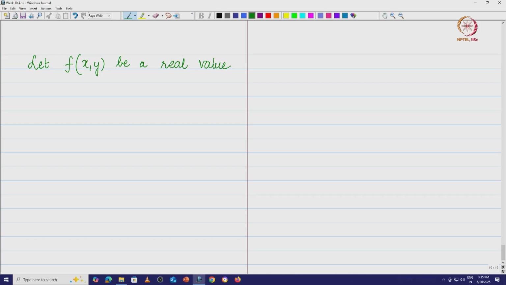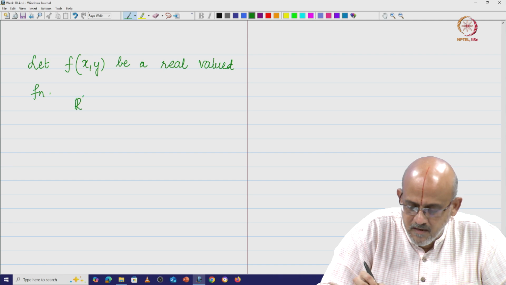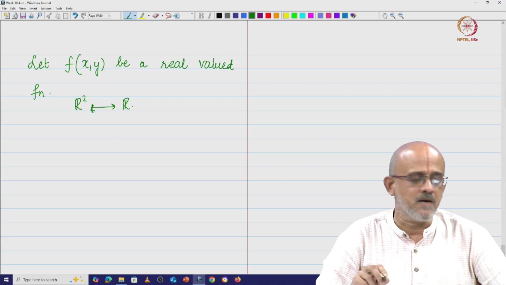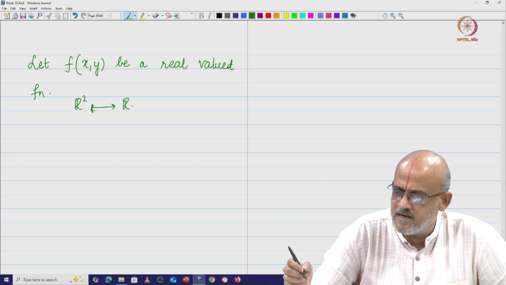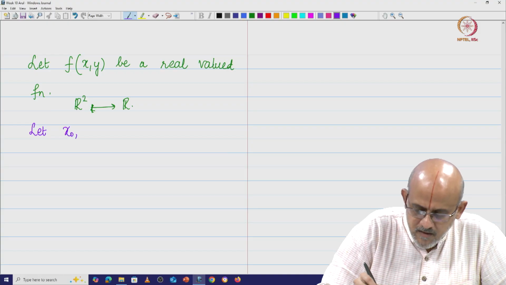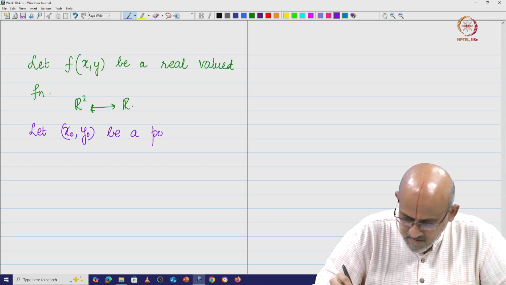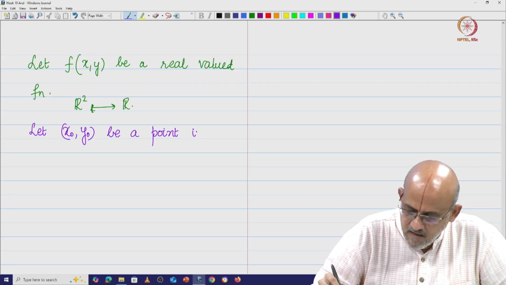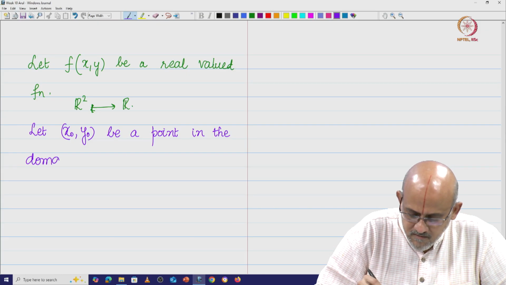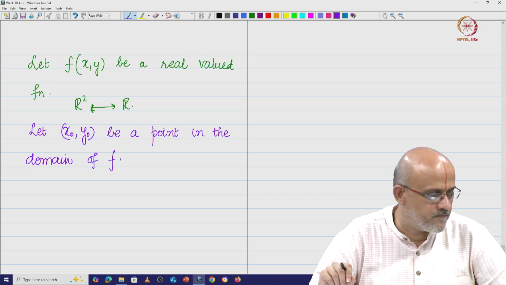Remember, this is basically what we said, this is going to map R2 to R. So this is what we had, and what we are going to say is let x naught comma y naught be a point in the domain of f.